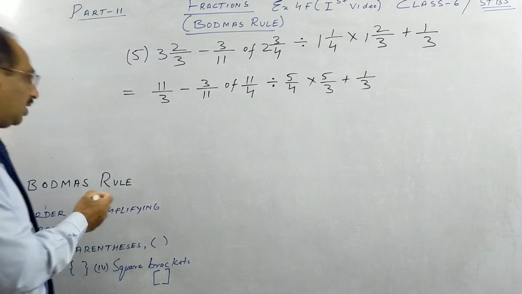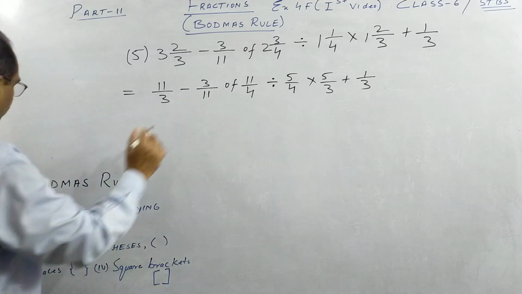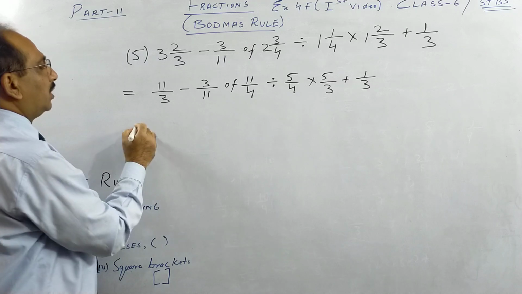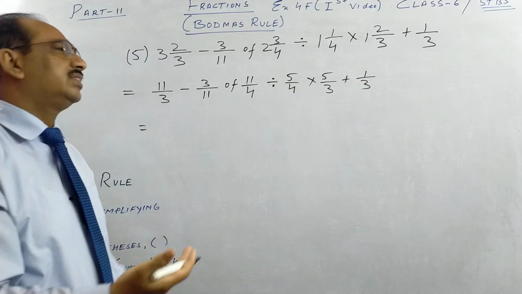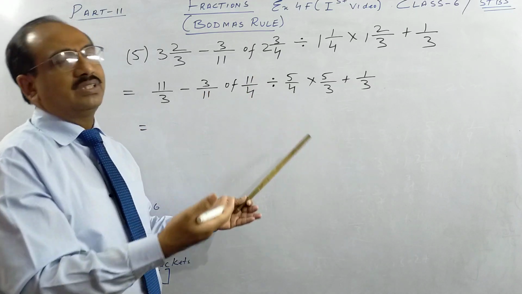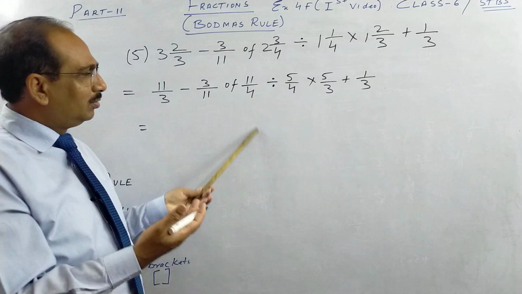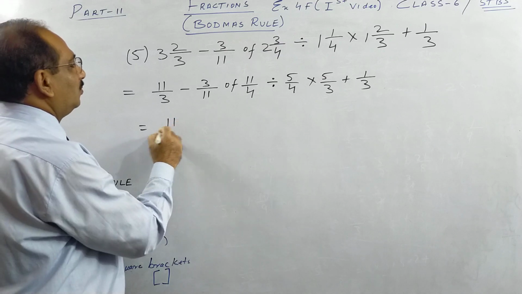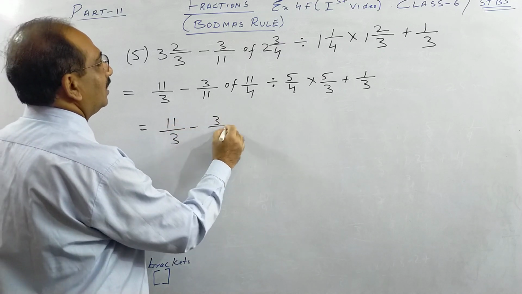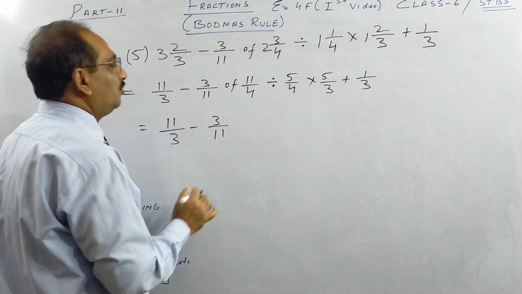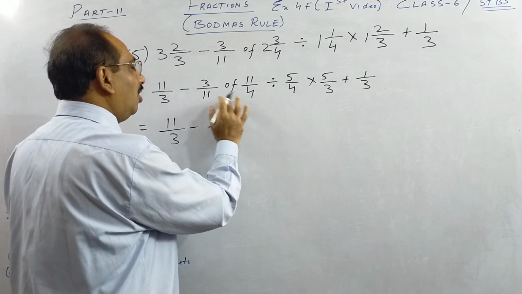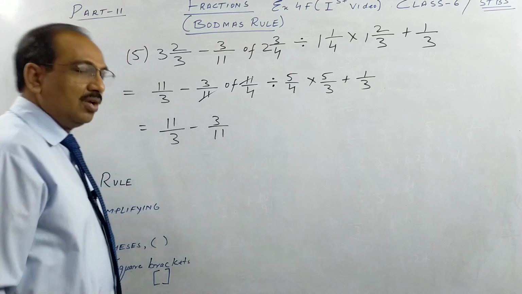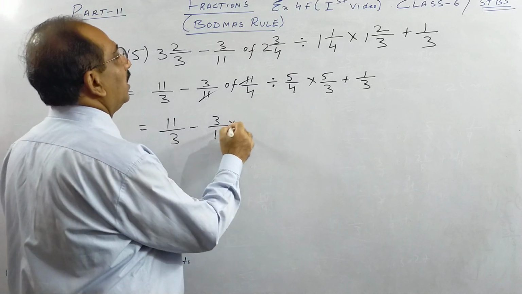Now see, BODMAS rule, first comes of. So we will do this part. A lot of repeating thing is there, children. We have to write one operation in one step. It may be a little boring, but this is how we have to do it. So see here, this of I'll do first. I told you, you may write of and cancel here, or we write into and we do.